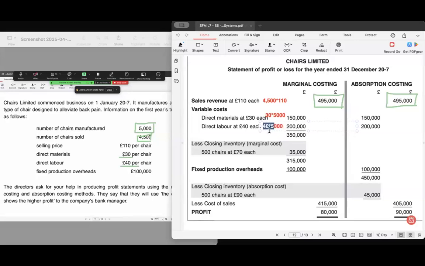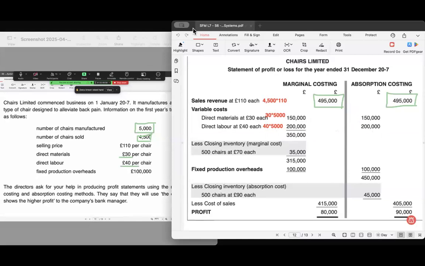Get it? You simply multiplied the variable cost, meaning direct materials per unit, by the number of chairs manufactured, and direct labor per unit multiplied by the number of chairs manufactured, and you get the total variable cost, which is 350,000, which is equal to both.